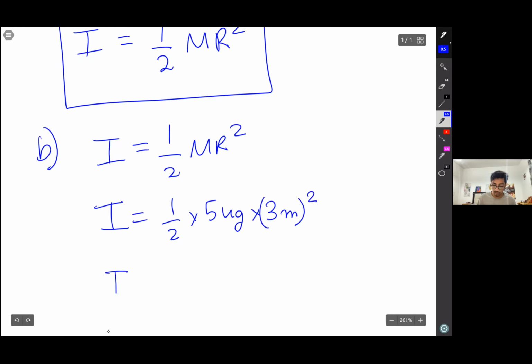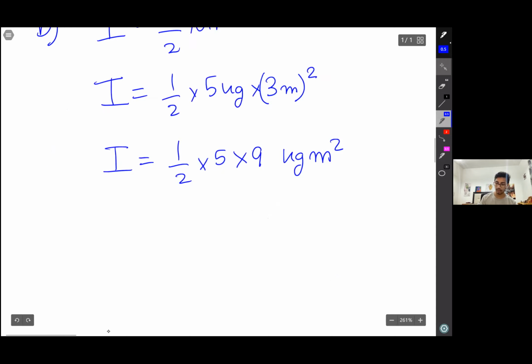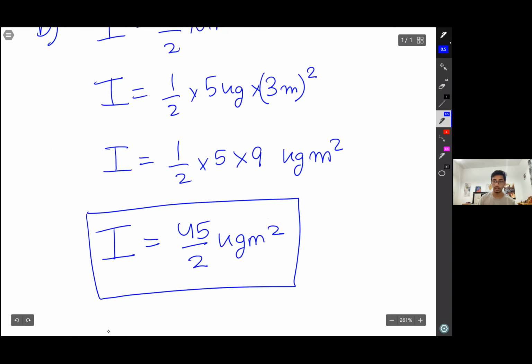So our moment of inertia will equal half times 5 times 9, and the units will be kilograms meters squared. So finally, our moment of inertia for this cylinder is half times 5 times 9, 45 over 2. I'll just leave it as a fraction. Kilograms meters squared. That is our answer.